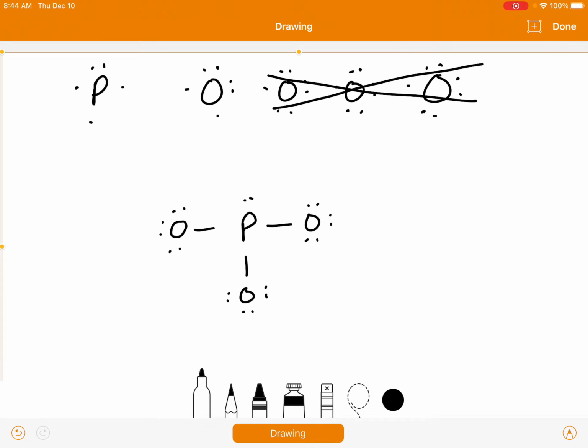I have 1 oxygen left to bond, and the oxygen wants to make 2 bonds if possible. Well, phosphorus does have 2 electrons, so let's look at what if we just did this. Both of those electrons go ahead and bond, and then we got our phosphate.